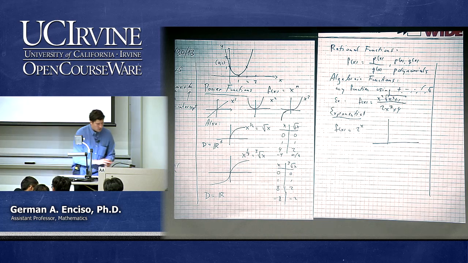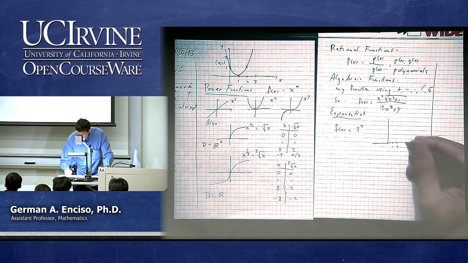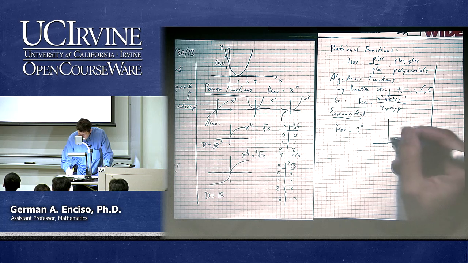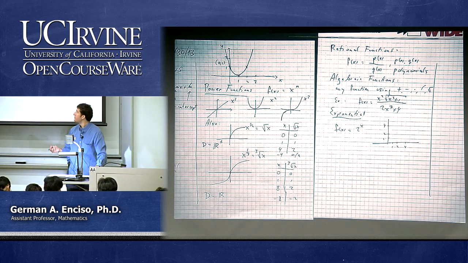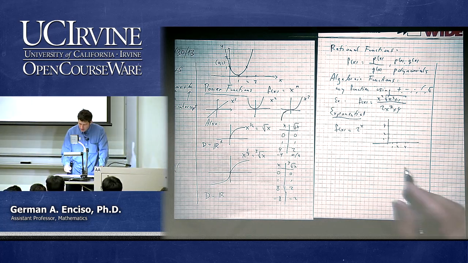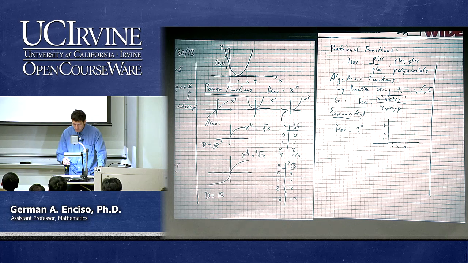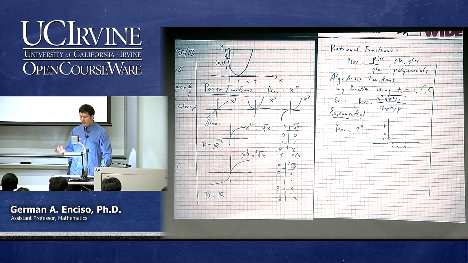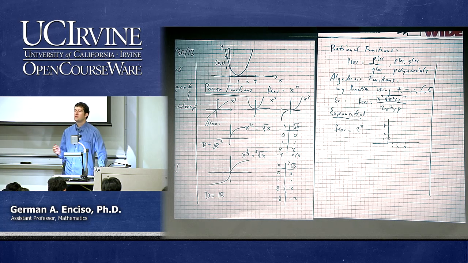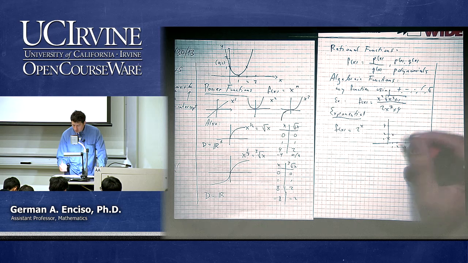The way it works is that you take the value of x and you take 2 to the that. So for example, let's draw here 1, 2, 3, and 4. 1, 2. Can you see the numbers? Yeah? Okay, awesome. So what is 2 to the 0? 2 to the 0 is 1. That means that the point 0, 1 is in there. What is 2 to the 1? 2 to the 1 is 2. 2 to the 2.